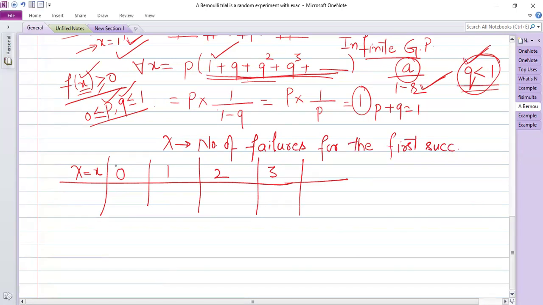So what is the meaning of x equal to 0? Here it is nothing but our success. How many failures are there? Zero failures.